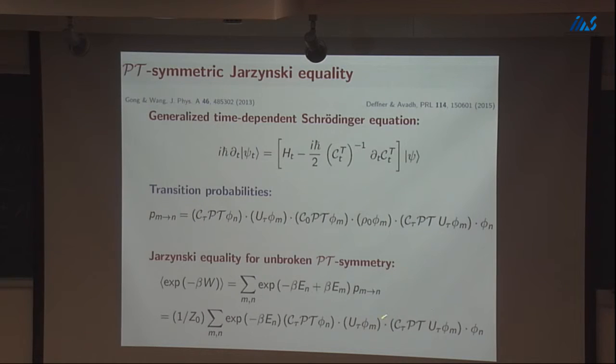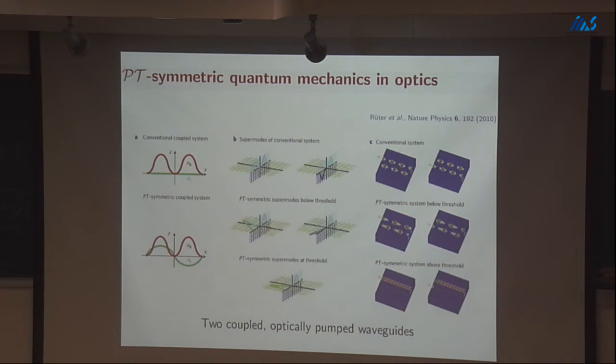You will find that in the unbroken regime you will get the Jarzynski equality except that you have some gauge potential in the Schrodinger equation. This is very important. That depends on this C operator. Now you have already seen all this in PT-symmetric quantum mechanics. So the question in this paper actually, so we can apply this formalism to this system.